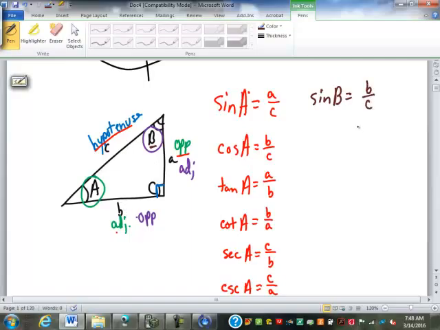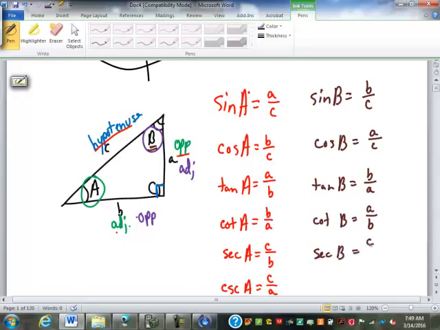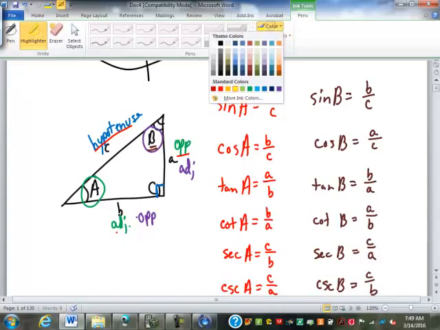So B over C. Cosine of B, adjacent over hypotenuse, but from angle B, adjacent would be A over C. Tangent of B, B over A. Cotangent of B, A over B. Secant of B, C over A. And cosecant of B, C over B. Now, some things to notice here.